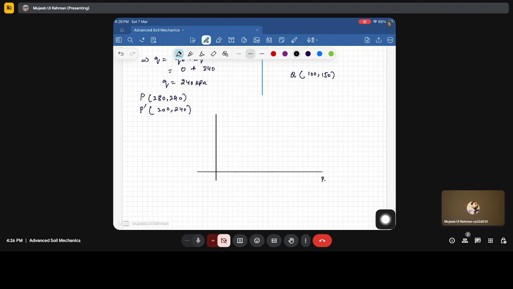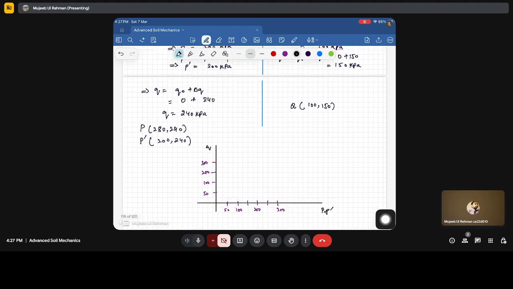It is P dash Q, and let's assume the axes are marked 50, 100, 150, 200, 250, 300. What is the stress state?